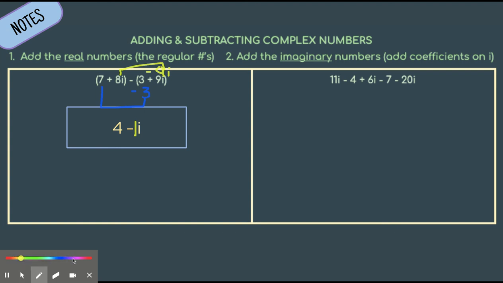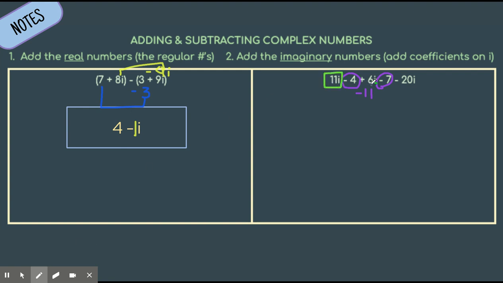Okay? Coming over here to the right, looks super complicated. Start by circling all of the numbers that don't have an i with them, which is these two. Negative 4 plus negative 7 is negative 11. And then you're going to do the same thing, but with the ones that do have an i.